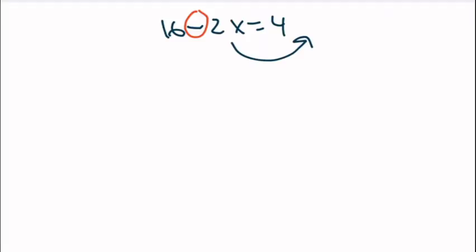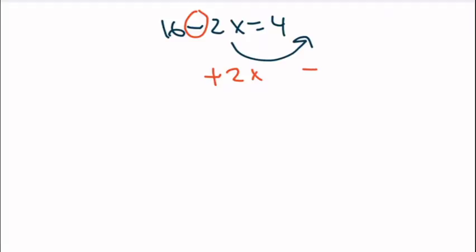Now let's try 16 minus 2x equals 4. So in this one, we see that the coefficient of x is negative. So to get x positive, we're going to move it to the other side of the equation. So let's add 2x on both sides.